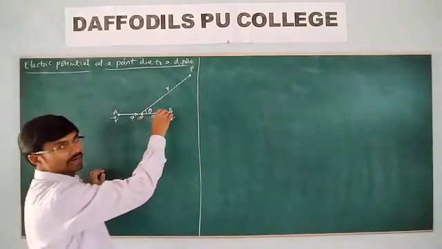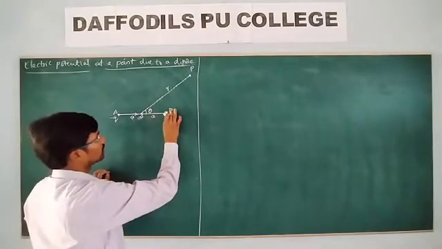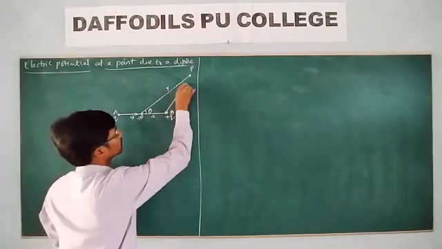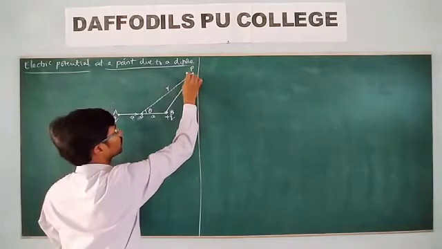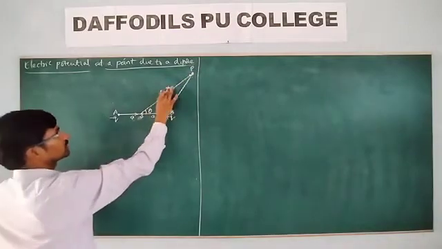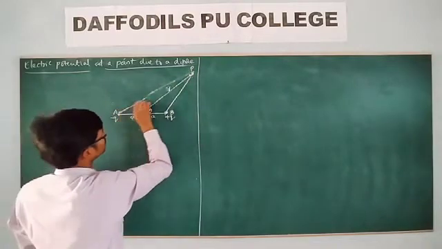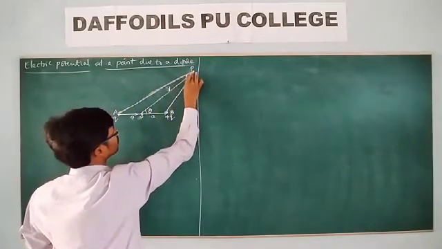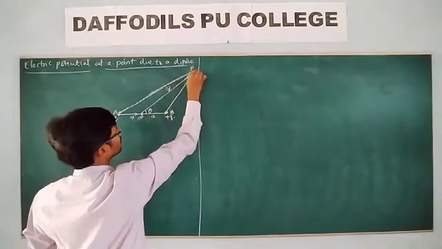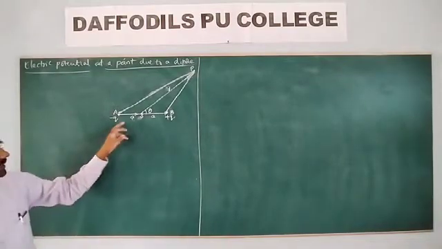If you want to find the potential due to a charge, you need the distance from that charge to the point P, so BP for the positive charge and similarly AP for the negative charge. Observe clearly that we need to calculate the potential at point P due to this charge and this charge.